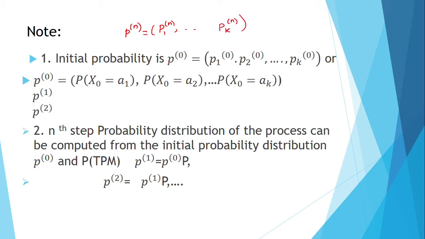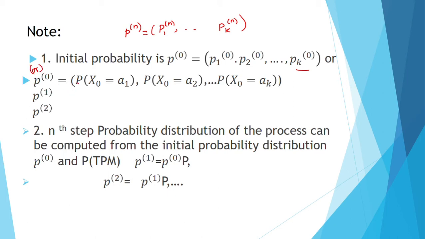So the initial probability is P of 0, the initial step. So it is nothing but P1 of 0, P2 of 0, etc., Pk of 0. Each P1 of 0, P2 of 0 is nothing but the state probabilities at the initial step. So this is the equivalent form.